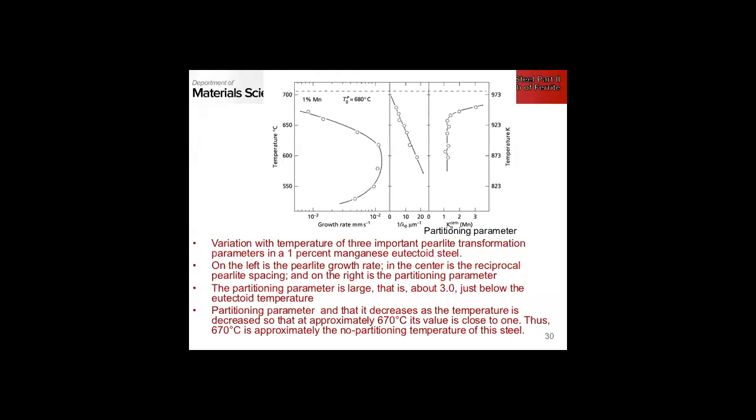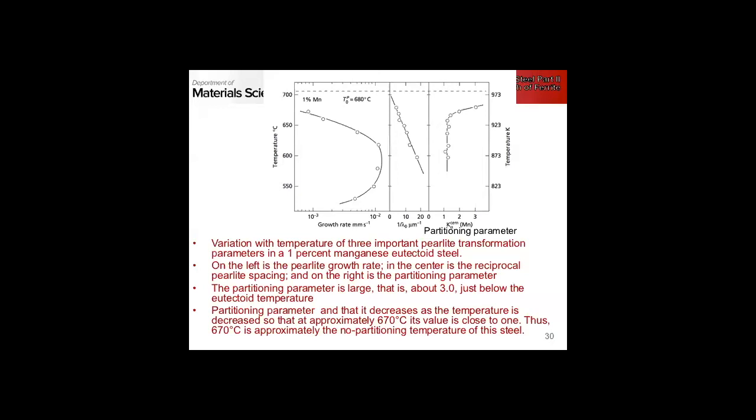How do you normally predict the amount of the retained austenite? It's not shown on TTT diagrams generally.